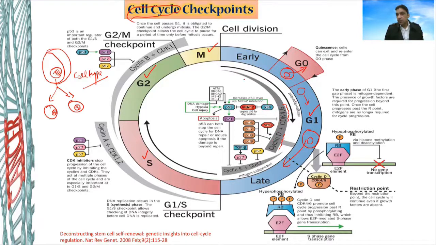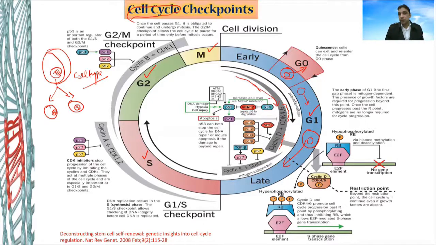That means from the early G1 phase, the levels of cyclin D and CDK4 and 6 are increased. The regular increase in the levels of these cyclins indicates that the cell is on the path of proceeding for cell division.